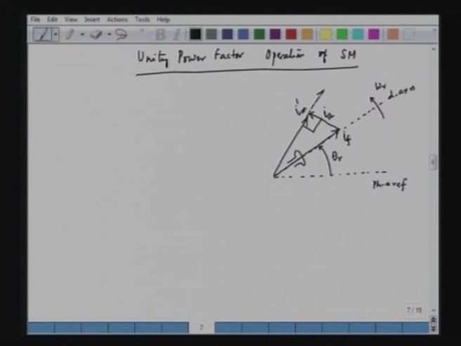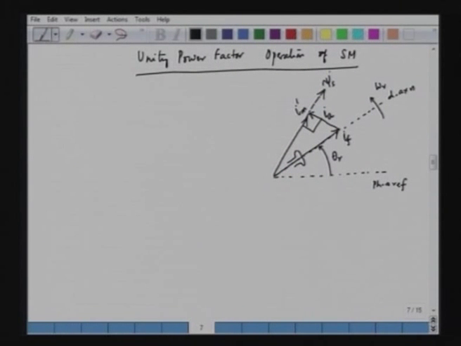So, we can assume that the stator flux, psi s, is along the same direction, and the vector for the armature voltage is at a right angle to psi s, because psi s will induce the armature voltage or the armature back EMF. If we neglect the resistance drop, the back EMF or the induced EMF and the voltage are the same. So, the induced EMF will be leading the flux by pi by 2. So, if this is our flux vector, the induced EMF vector will be pi by 2 leading the flux vector. So, this is the induced EMF vector.